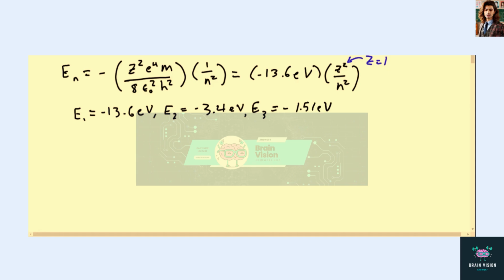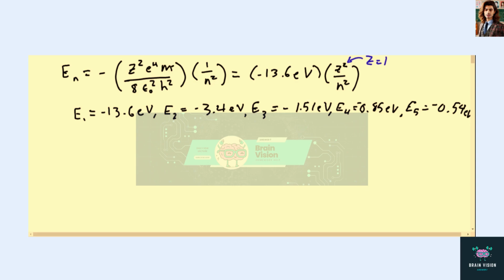Similarly, we go on. E4 is negative 0.85. We're still negative here. Electron volts. And E5 is negative 0.54 electron volts. So note that while they're decreasing in magnitude, they're all negative. So this is a much higher energy level than E1.